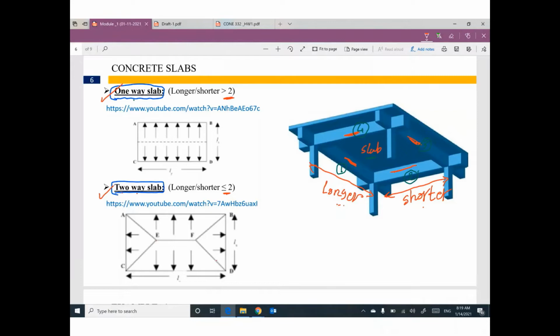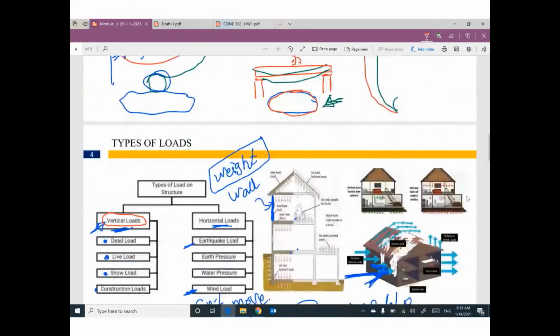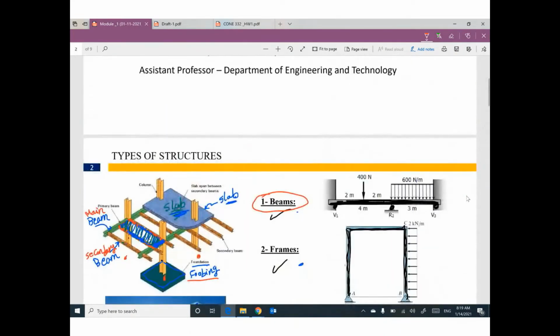Very easy, very simple. Please, if you go back to this structure, for this rectangle that I'm talking about, this rectangle has 2 dimensions: this dimension which is shorter and this dimension which is longer. Please divide the longer by the shorter dimension and let me know the answer. If your answer is greater than 2, this rectangle will be a one-way slab.